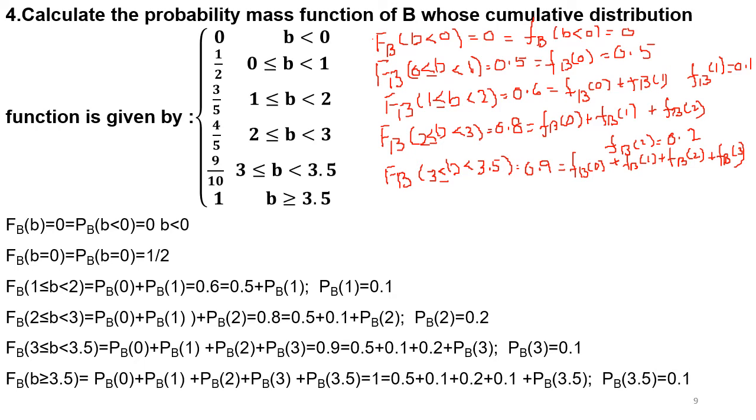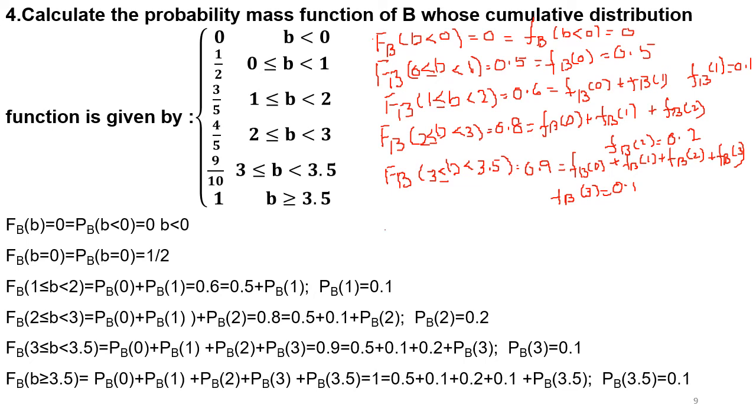So using this, we can get fb of 3 is equal to 0.1, because fb of 0 is 0.5 and fb of 1 is 0.1, that's 0.6, fb of 2 is 0.2, so that is 0.8. 0.9 minus 0.8 will give us 0.1.